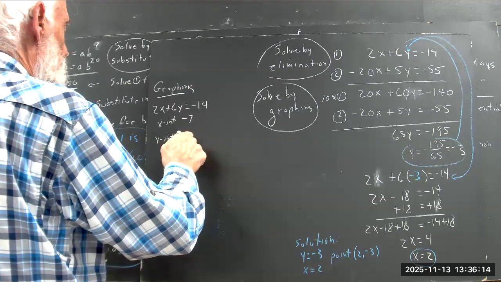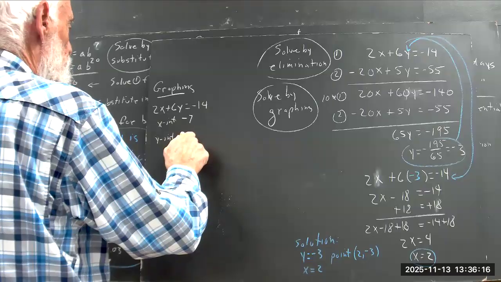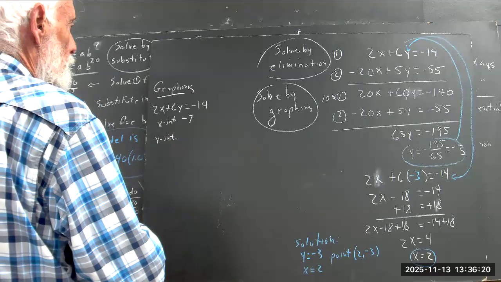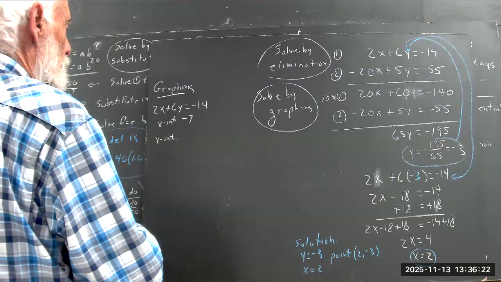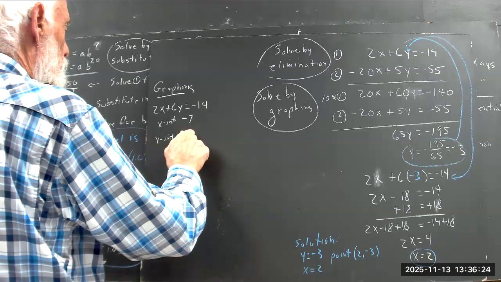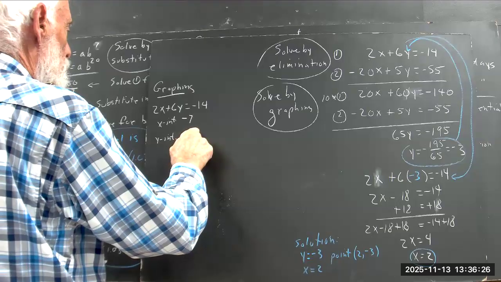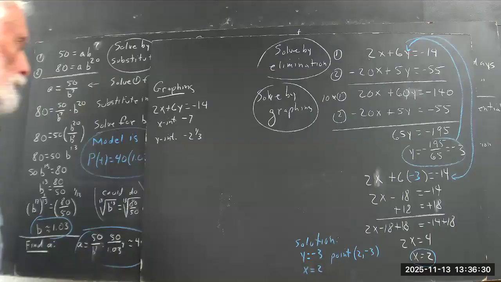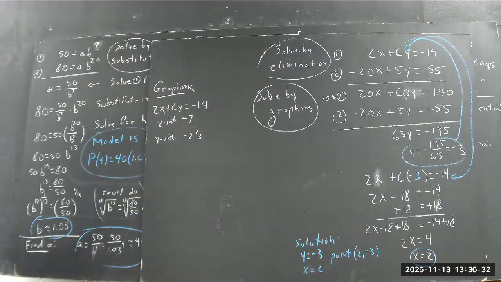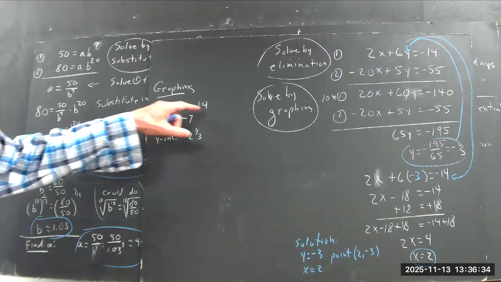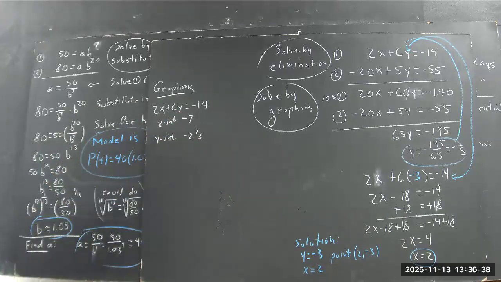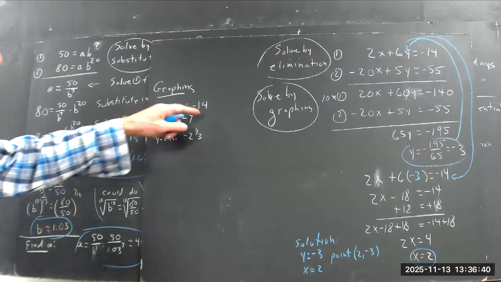We get negative 2 1/3. Okay. 6 goes into 14 2 times, with 2 left over, 2 sixths is 1/3. Okay. And you have a negative.